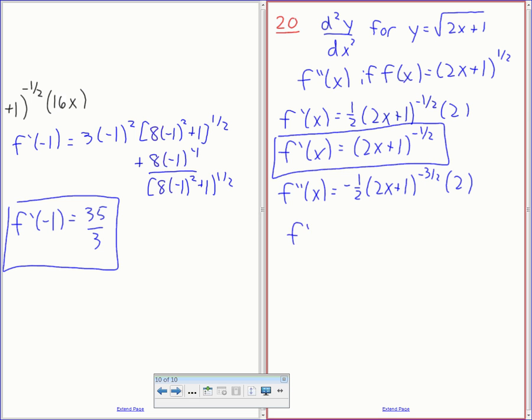So f double prime of x is equal to negative 1 all over (2x plus 1) to the 3 over 2. Michael, do you agree with me on that? I think that's good. At 100 miles an hour.